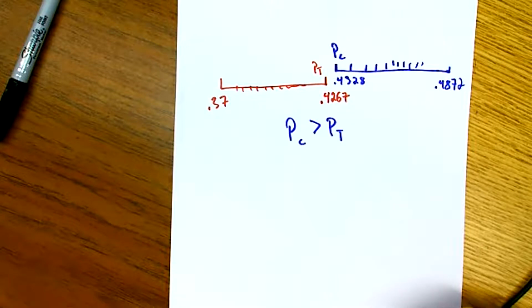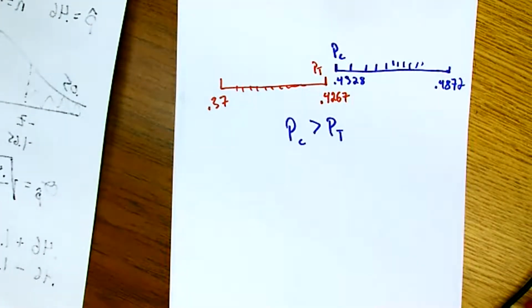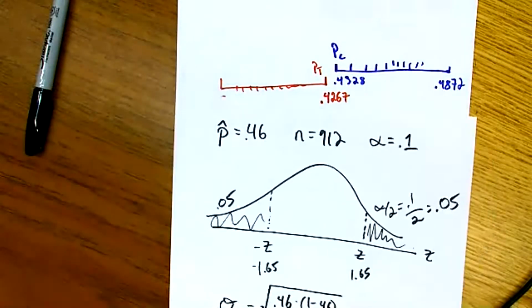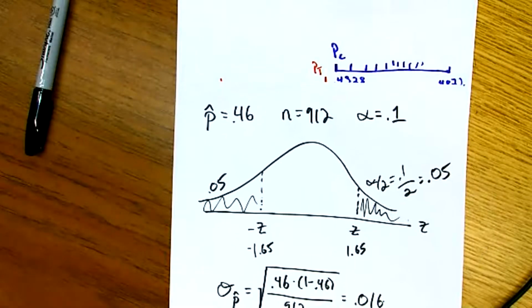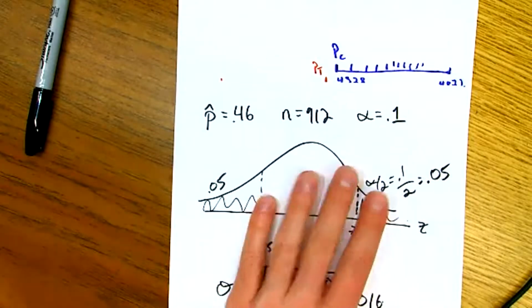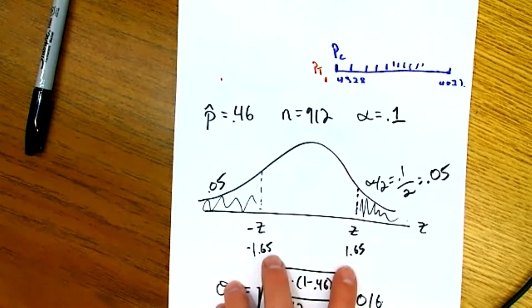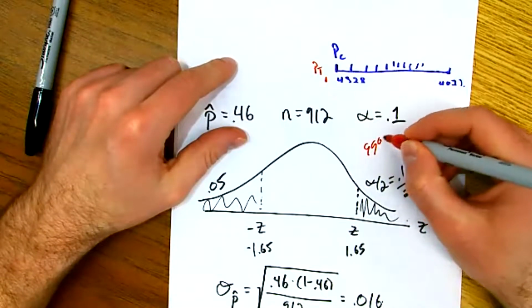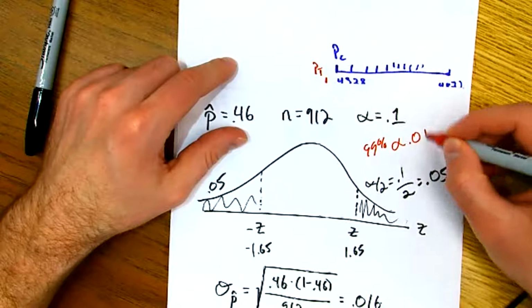What's going to happen there? Well, let's think about our equations. I'll use this one here that we had earlier instead of redrawing it. When I wanted 90% confidence, here were my z-scores. If I wanted 99% confidence, my alpha becomes 0.01.